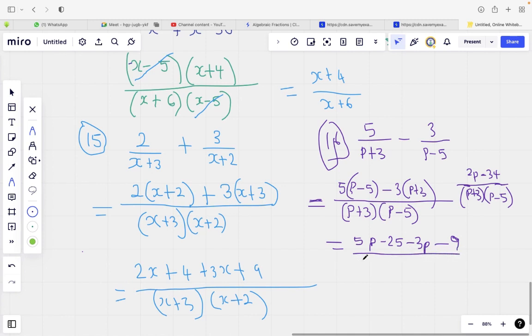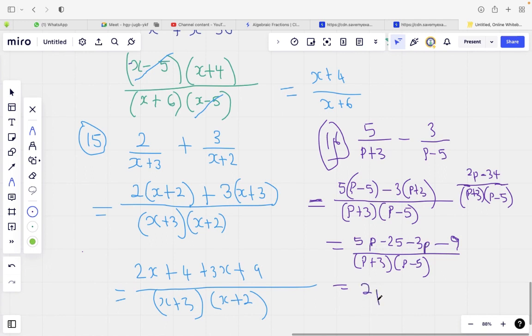So the denominator remains the same, p plus 3 in one bracket and p minus 5 in another bracket. The next step is to collect like terms. 5p minus 3p, we get 2p.